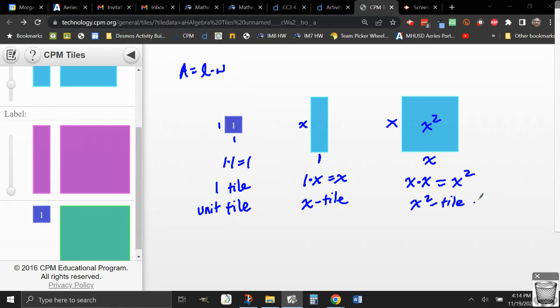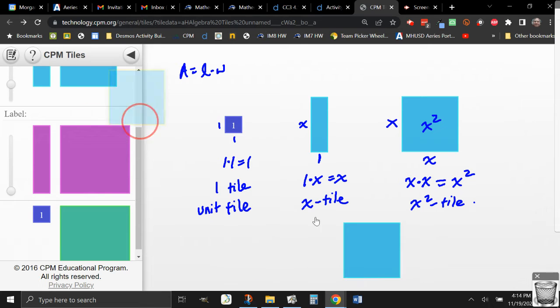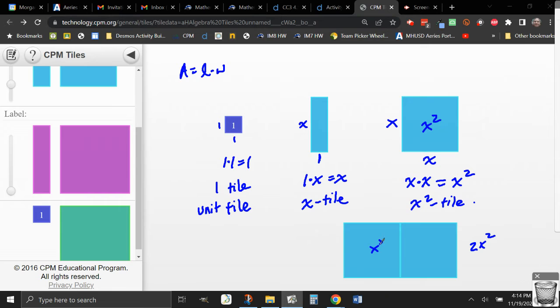Now, these type of tiles, when you put them together, I would call, like, if I put two of these together, this would be referred to as 2x squared, because there's an x squared plus another x squared.